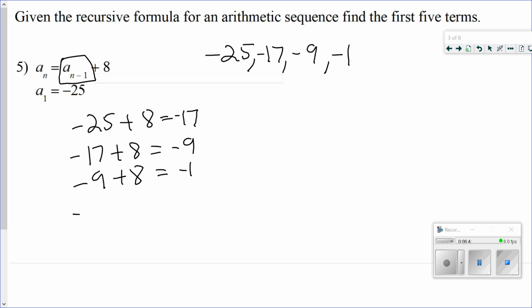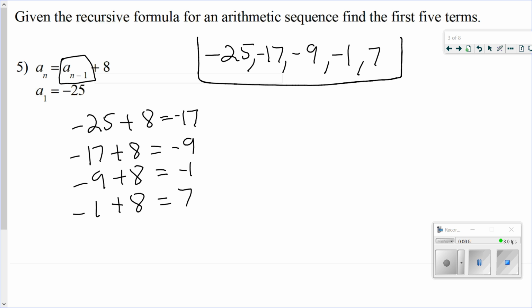And finally for my last one, I have negative 1 plus 8. That's going to give me positive 7. Here are my first 5 terms of the arithmetic sequence using the recursive formula.